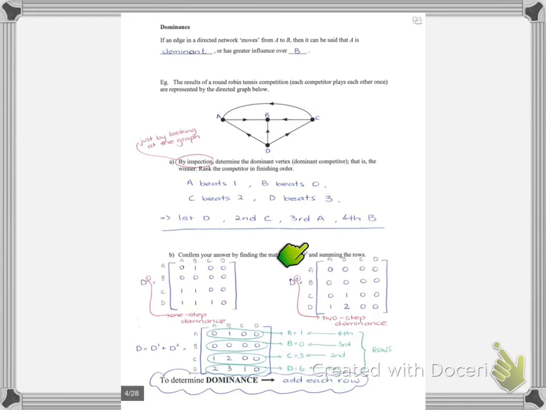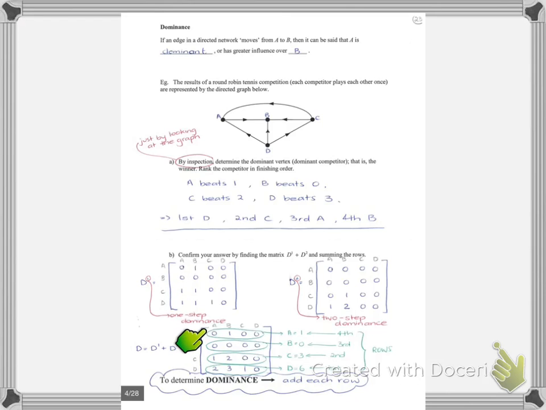But if we take into account this second level of dominance, it can give us a little bit more information. So let's have a look at an example. We've got our two-step dominance matrices here for the situation above, actually. And what we're going to do is add our two-step dominance matrices together, and we get an overall matrix, which is this one here.